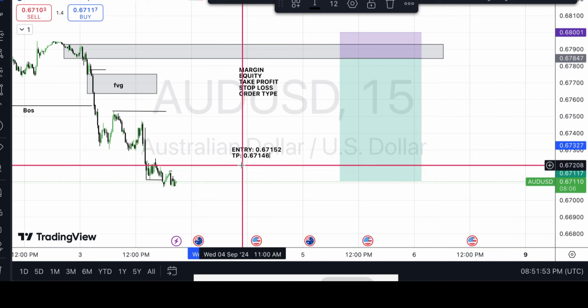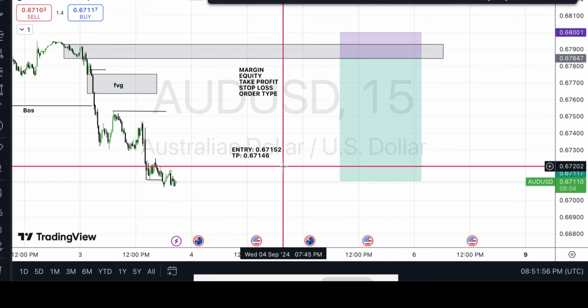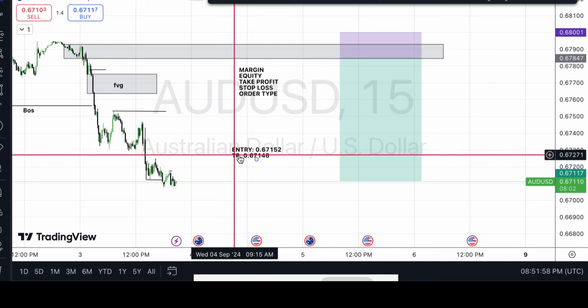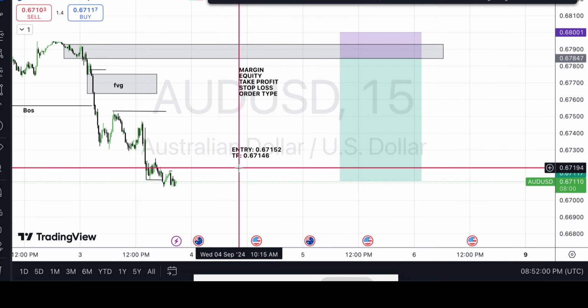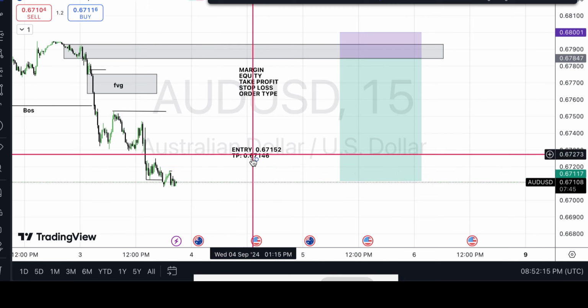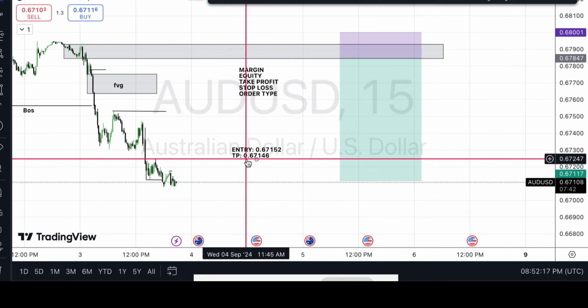So now when you see TP in any signal, TP means take profit. So when you are activating a trade on your MT5 or MT4, you are going to set the TP that you want to use on that trade. So take profit, the abbreviation is TP.